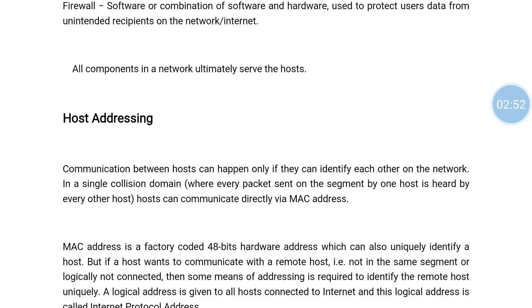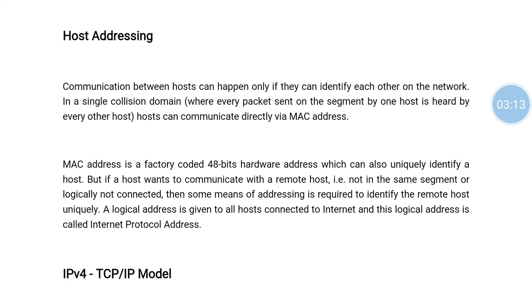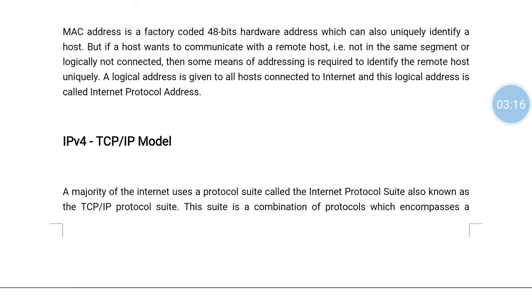If we are using a wireless medium to transmit data from one place to another, in that case also we need the address of the receiver node. In this case we need a logical address to know exactly the address of the receiver node. A logical address is given to all hosts connected to the internet.